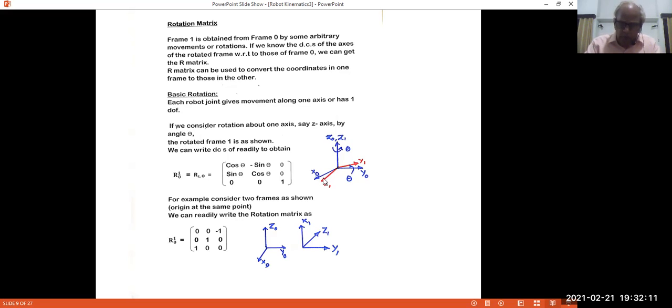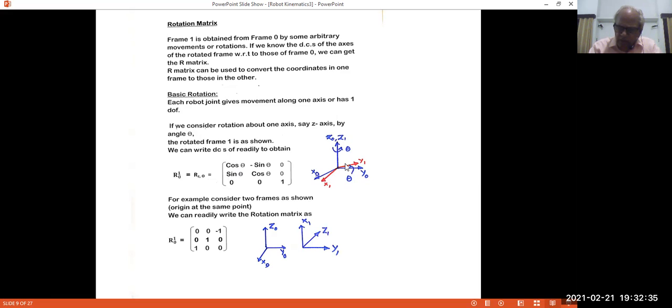Well, from whatever we have seen earlier, the direction cosines of x1 along x0, y0, z0 form the first column. Well, this angle is theta, so cos theta, and this one along y0 is 90 minus theta, cos of which is sin theta, and it has no component along z0. So you will find the first column is cos theta, sin theta, 0.